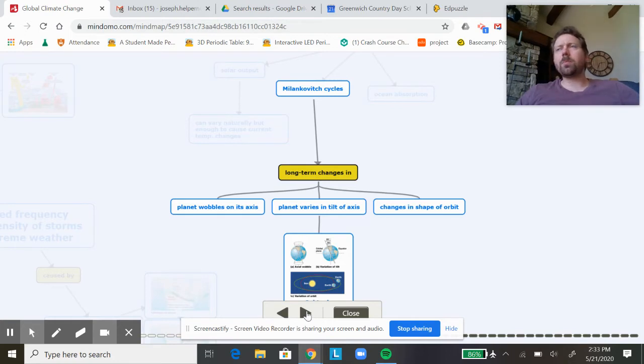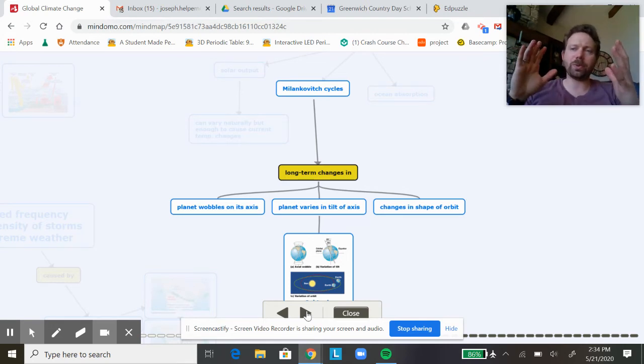Some detractors might say that the Milankovitch cycles are changing, and that's what's causing the temperature patterns that we're seeing. The Milankovitch cycles are the long-term changes in the planet. The planet tends to wobble a bit on its axis, and also varies its tilt.